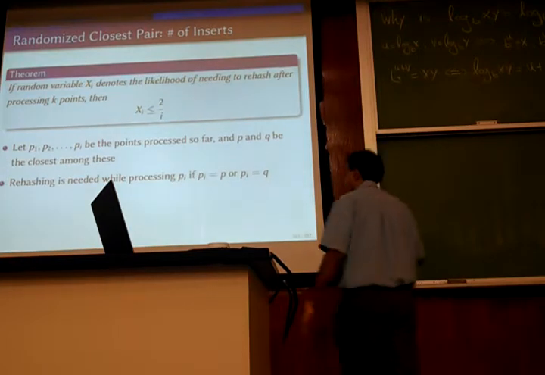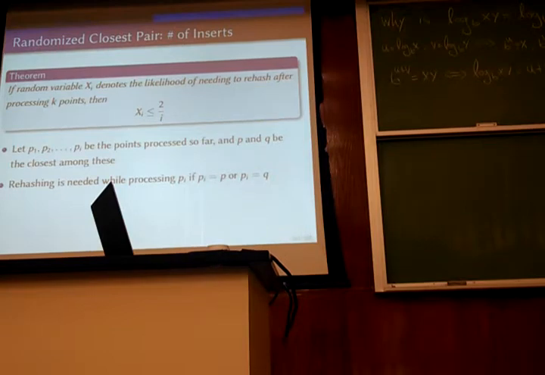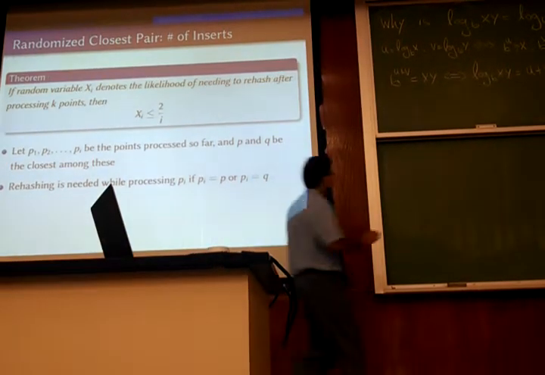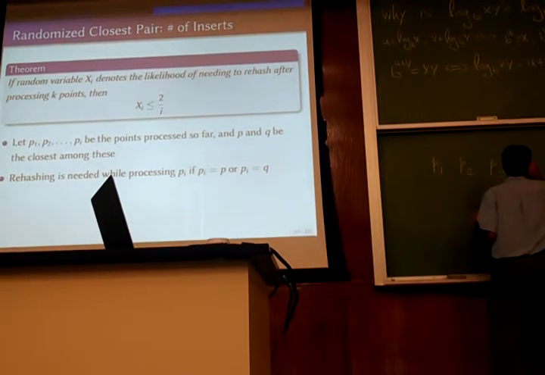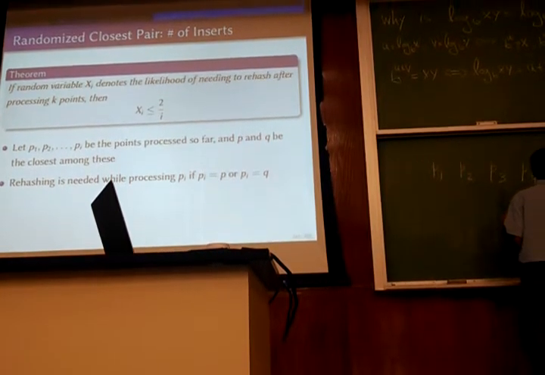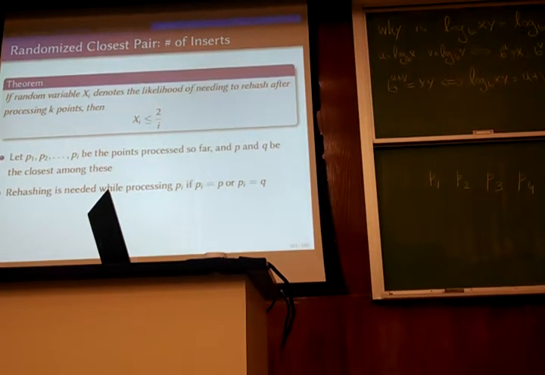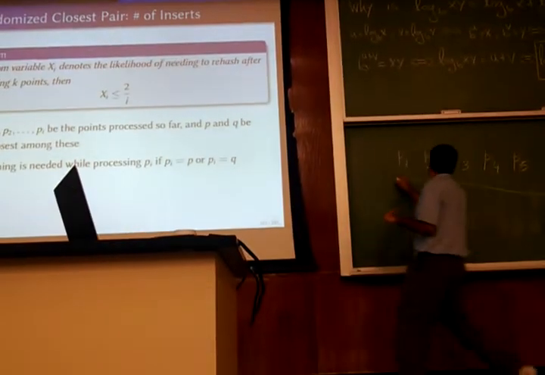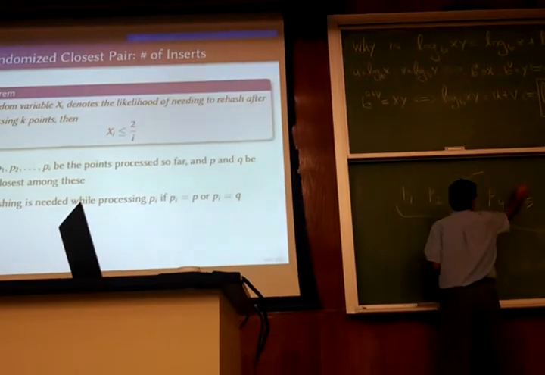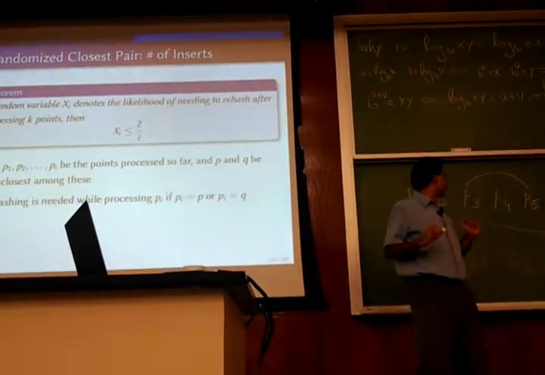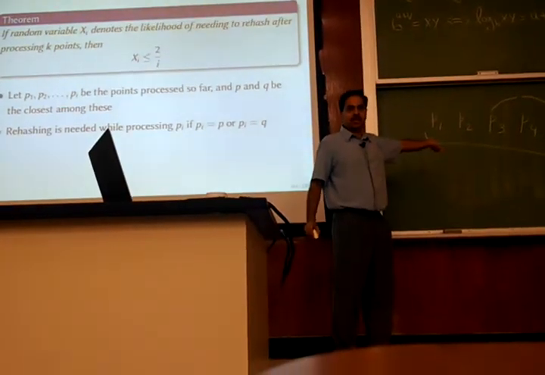Let's say you processed P1, P2, P3, P4, P5, and you are adding P6. If among these 6 points the closest pair is, let's say, P3 and P5, then the addition of P6 is not going to require you to rehash, right?